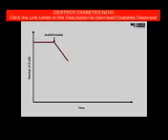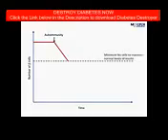But in diabetes, when we have the autoimmunity beginning, we then begin to see a fall in the number of beta cells. And this continues until we reach a level where we can no longer produce enough insulin to maintain a normal glucose level.